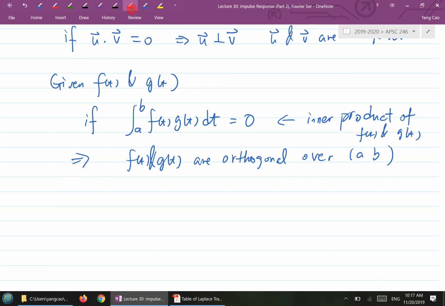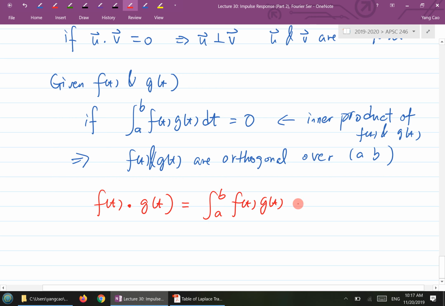Mathematically, you can write f dot g equal to this integral. That's called the inner product or dot product, and with this dot product equal to 0, we call these two functions orthogonal. It's like perpendicular, but this is not an actual perpendicular geometry. That makes sense? Okay, good.